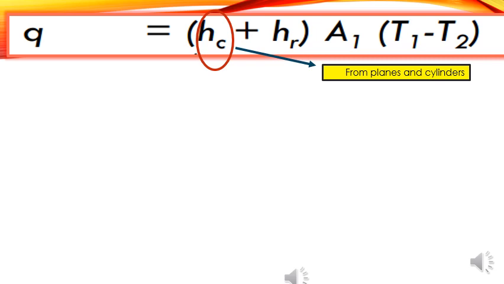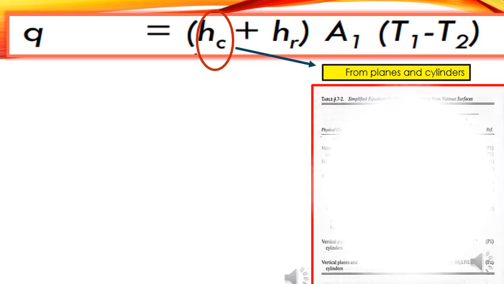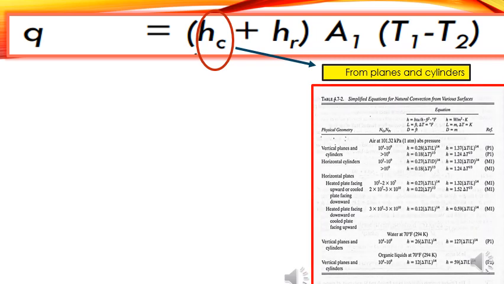Okay, so let's begin with the natural convection from planes and cylinders. This one is very straightforward. You have to use this table. In order to use this table, we should first identify what sort of physical geometry the object has, whether it is a vertical plane, or cylinder, or horizontal, or any other characteristic.